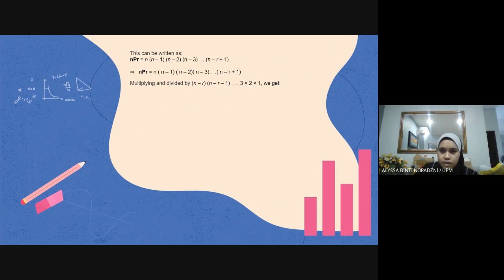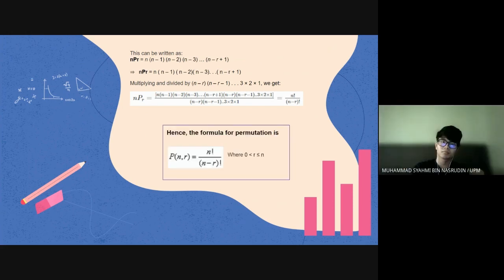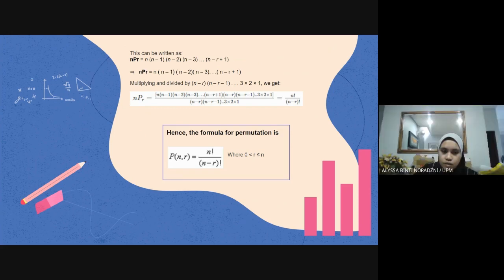Multiplying and dividing by n minus r times n minus r minus 1 down to 3 times 2 times 1, you get this equation, which equals n factorial over n minus r factorial. Hence, the formula of permutation is nPr equals n factorial over n minus r factorial, where r is more than 0 and less than or equal to n.